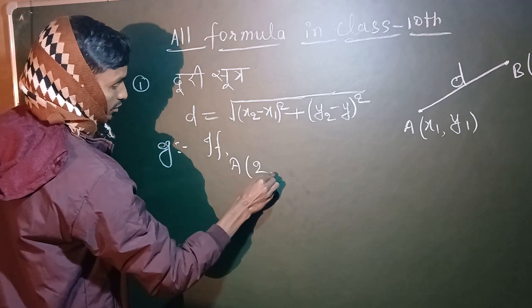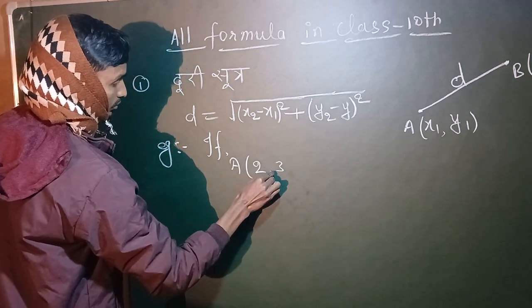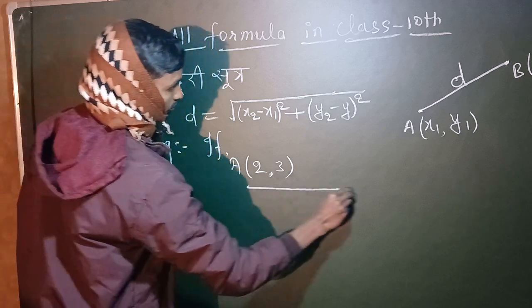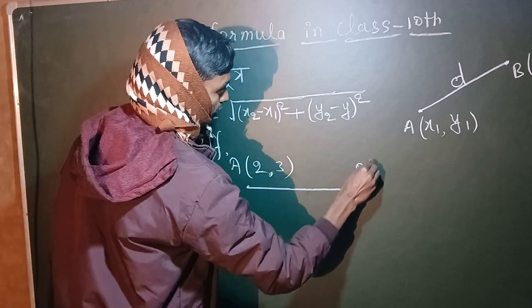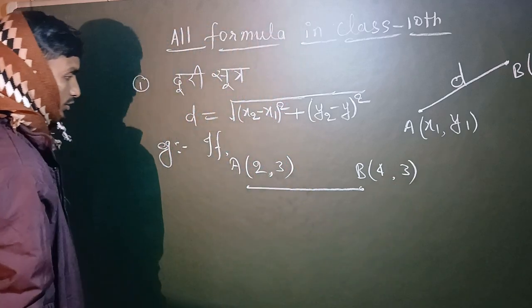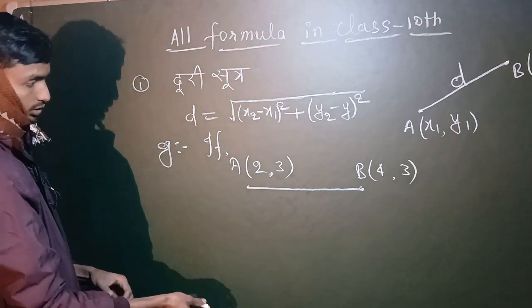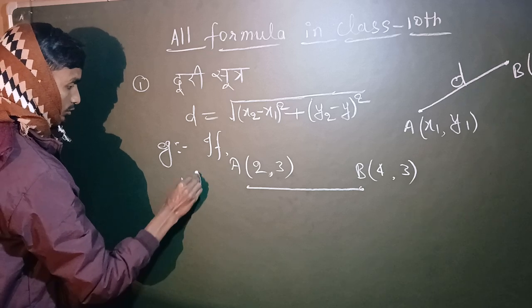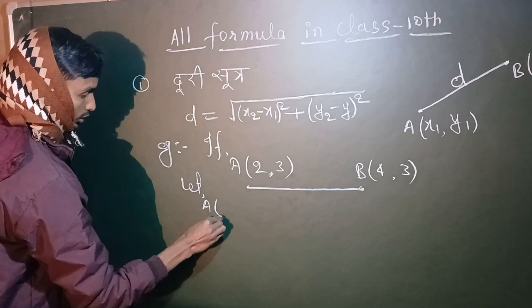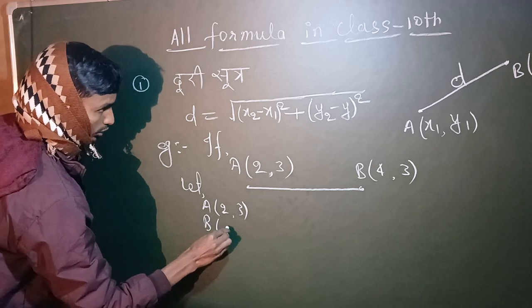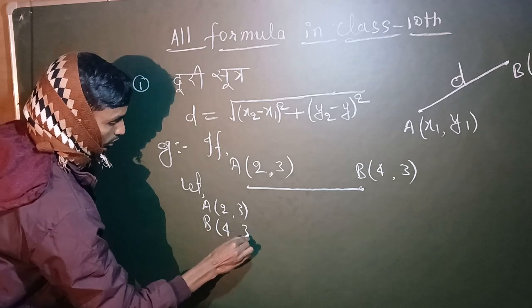If A is (2, 3) and B is (4, 3), how will we find the distance? Let A (2, 3), B (4, 3).